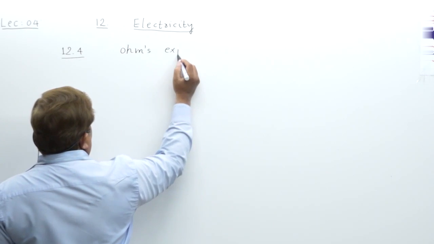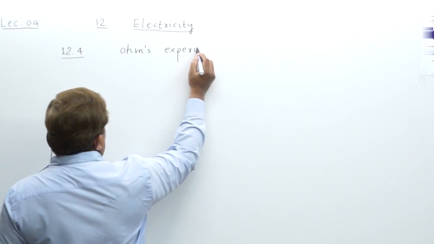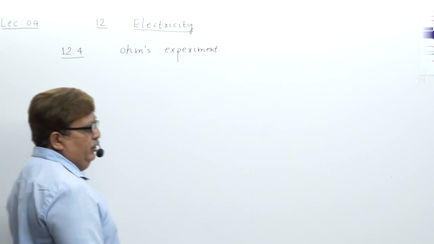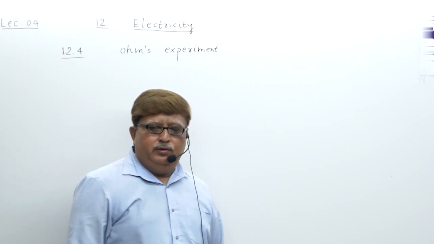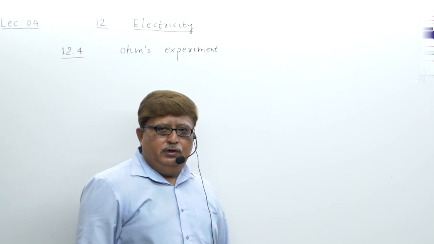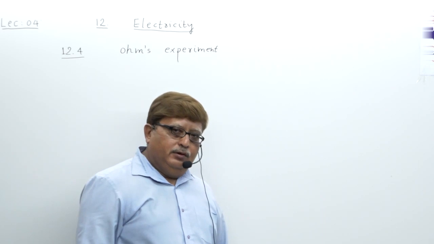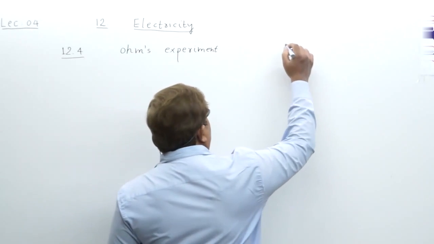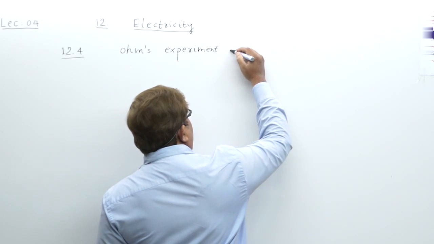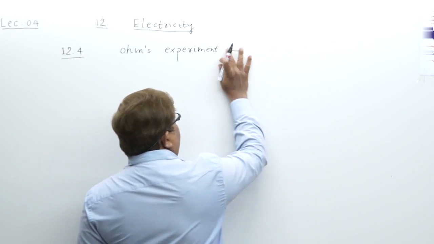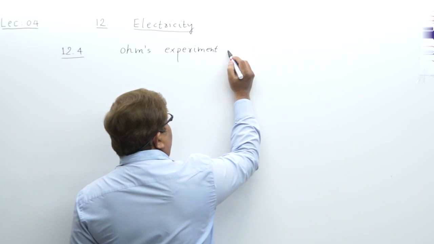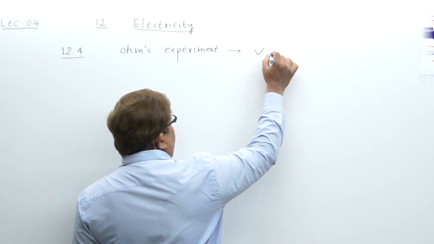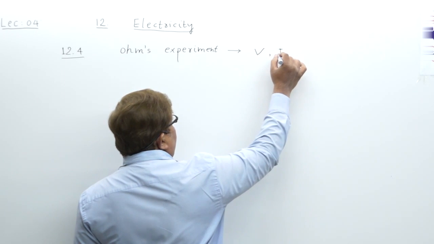Just try to understand one very important thing: Ohm performed this particular experiment to establish a relation between V, I and R. Actually, in fact, this is an experiment performed by Ohm to establish the relation between V and I only.